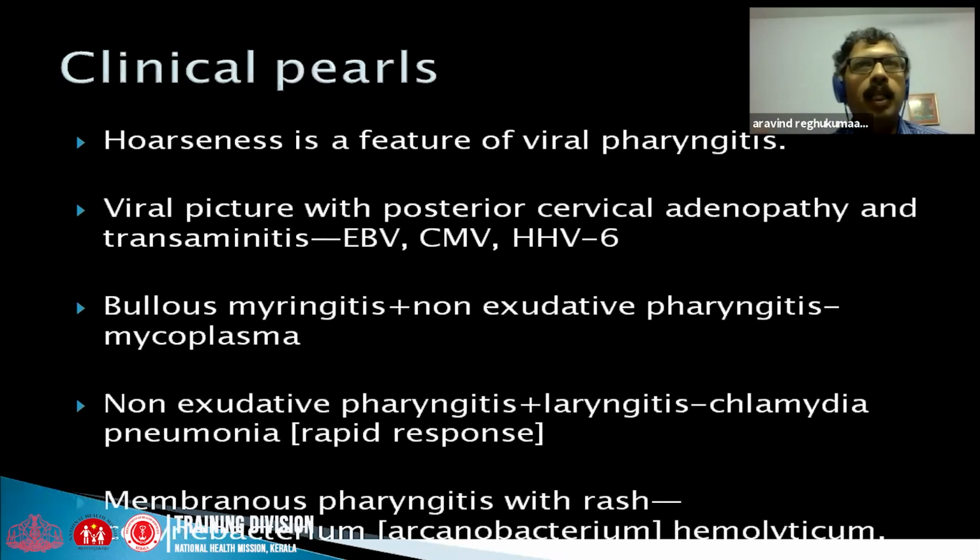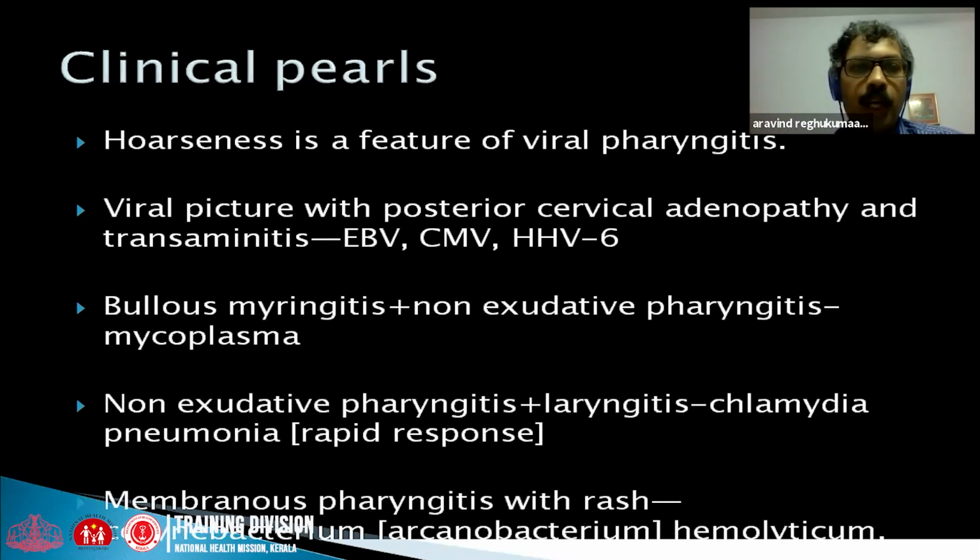Usually, if the SGPT is slightly elevated, a sore throat with transaminitis points towards a viral etiology. For example, one of the close differentials for diphtheria, that is membranous tonsillitis, is Epstein-Barr virus. IMN can also have membranous tonsillitis. Usually in diphtheria the transaminitis may not be there, whereas in IMN transaminitis may be there.